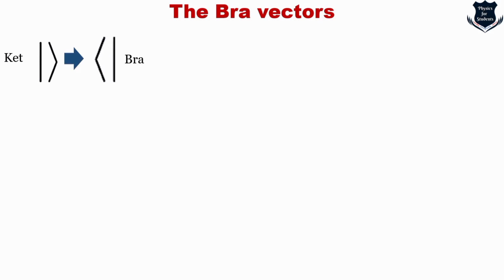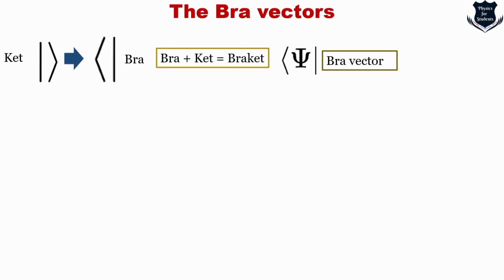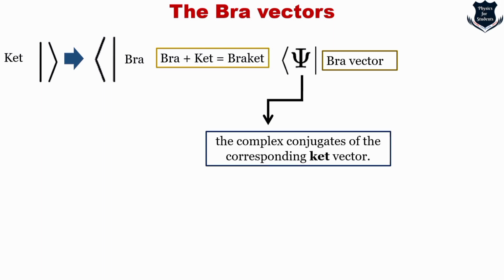So we are extending the Dirac notation, and we need to introduce this quantity, known as the bra vector. Bra plus ket together makes the bracket. The bra vector has an angular bracket followed by a psi, followed by a horizontal bar, and it actually represents the complex conjugate of the corresponding ket vector.